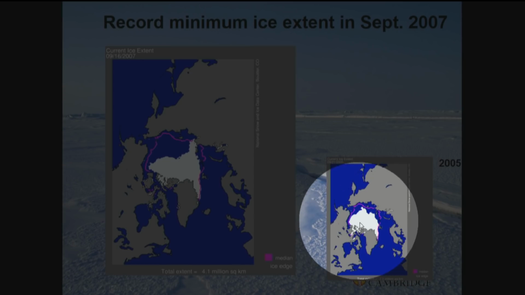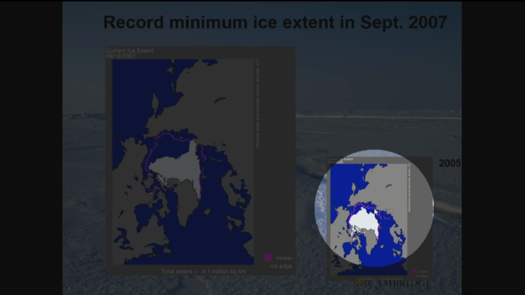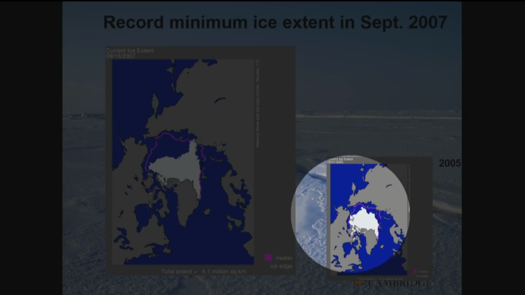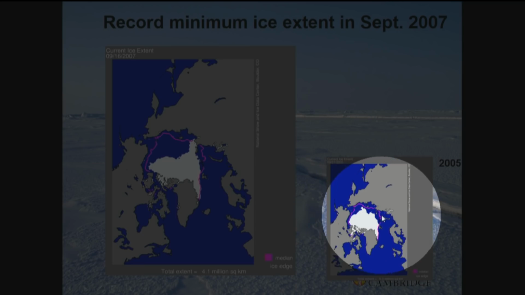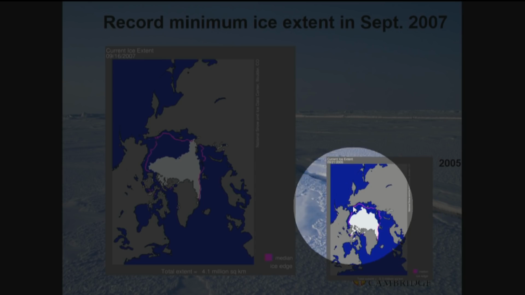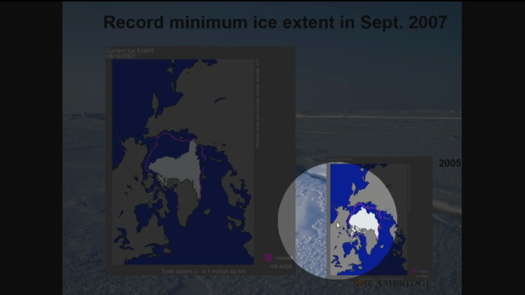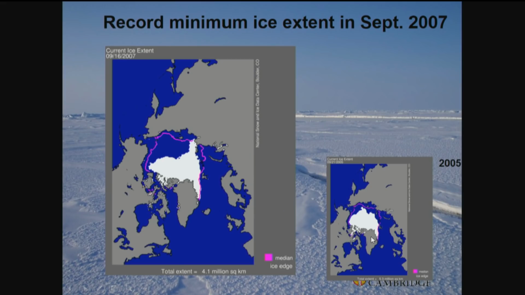That's the month of greatest retreat. And that's still lying close to the coastline. Then in 2005, it had retreated far enough that you've got a very big slot right across the north of Russia and across the north of Alaska and through the Canadian Arctic.